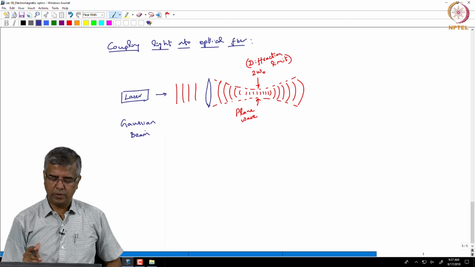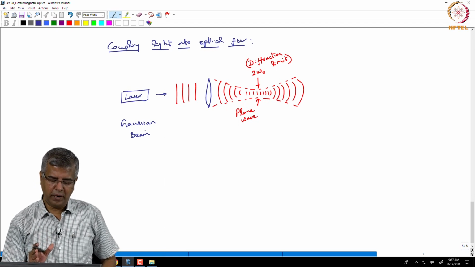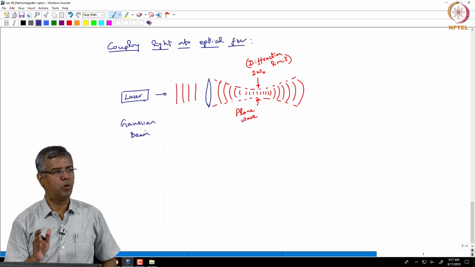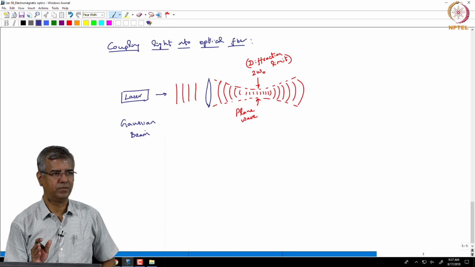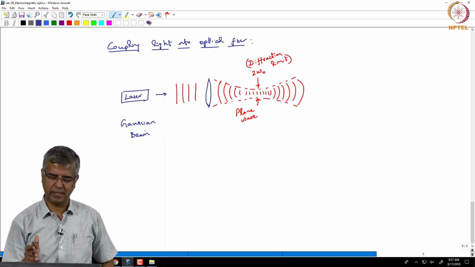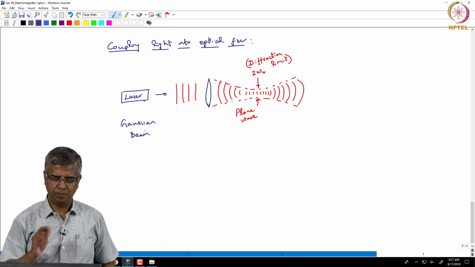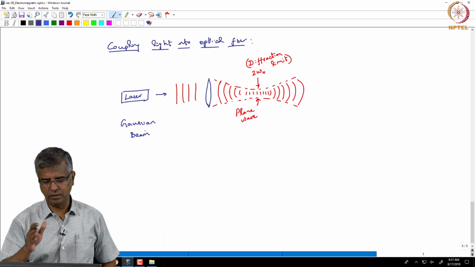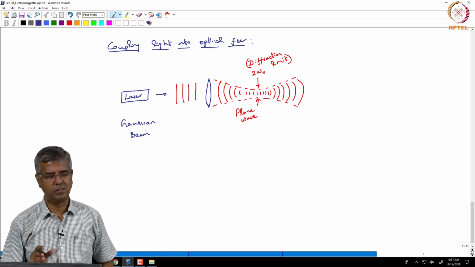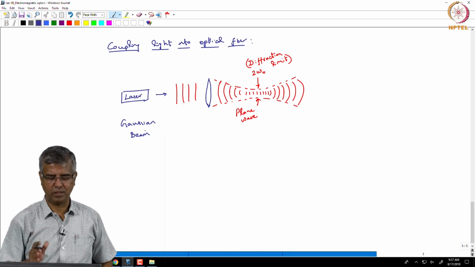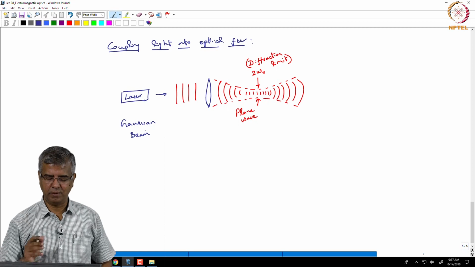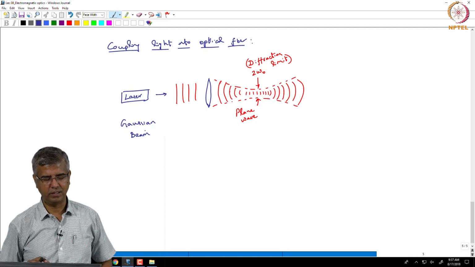So, whenever we talk about these plane waves, we are talking only about the wave front. What is a wave front? Once again, the collection of points which have the same phase. If it represents a plane, then we call it a plane wave front, right?